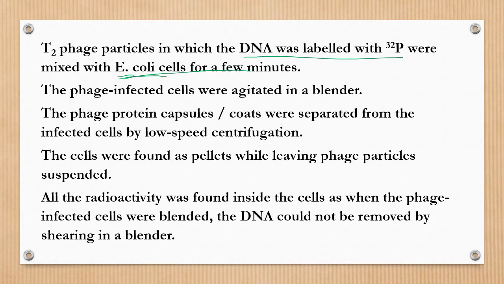Infect means it attaches to the bacterial cell and injects the DNA into the Escherichia coli. Now, these are the phage infected cells. This is a normal bacteria. Phage infected cells. The structure of this phage is like this.